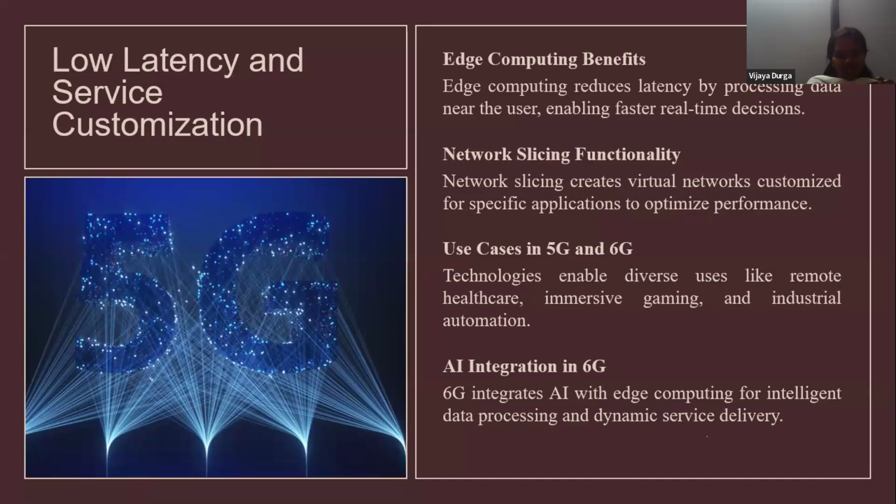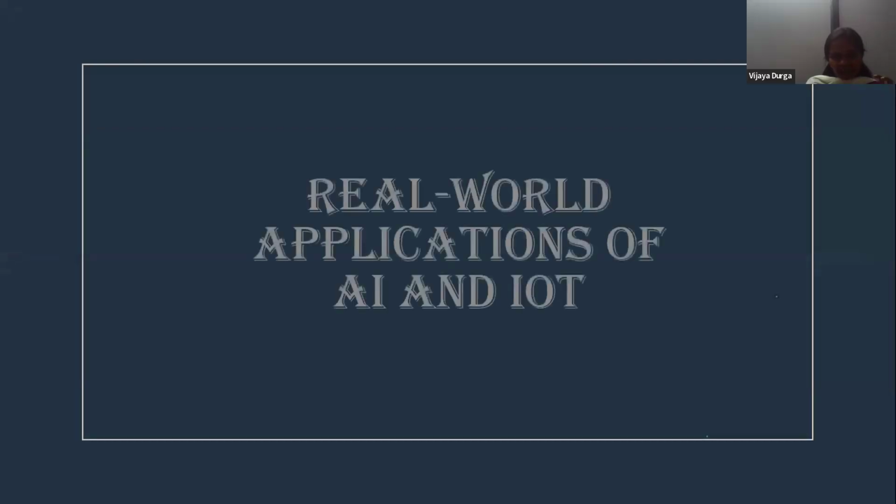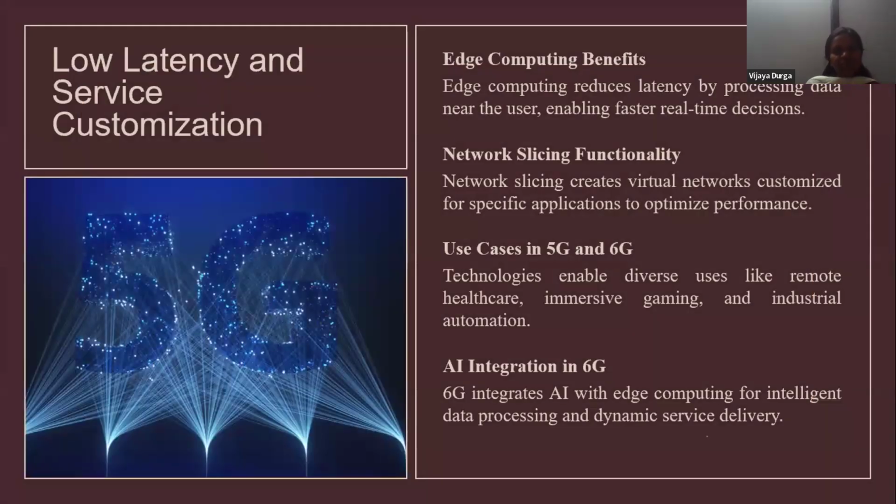Near the user, you can put an edge server, and instead of transmitting data to the cloud, they can transmit data to this edge server. So the delay is very less.